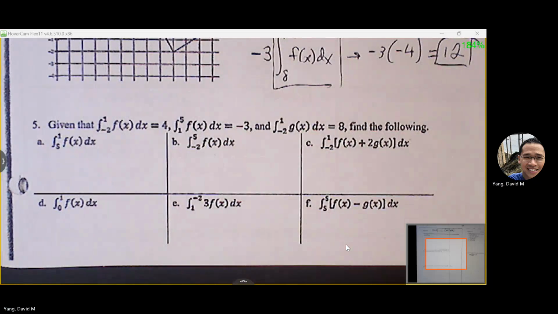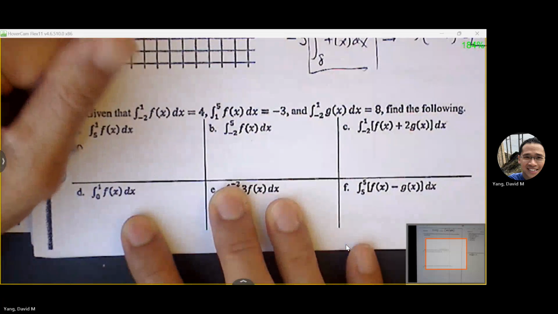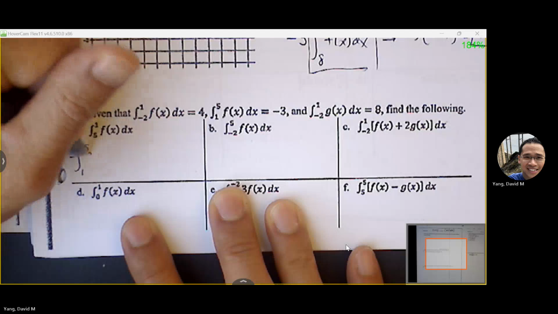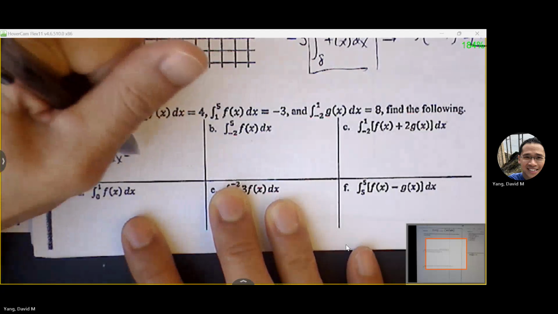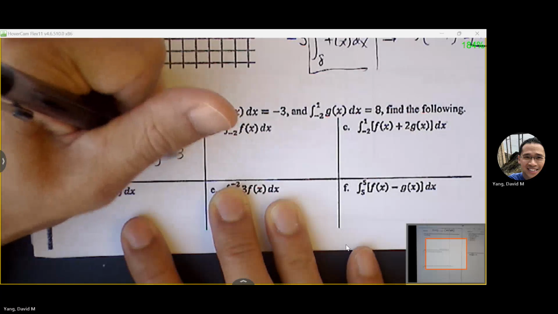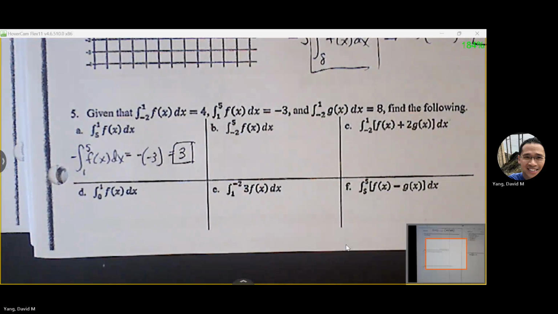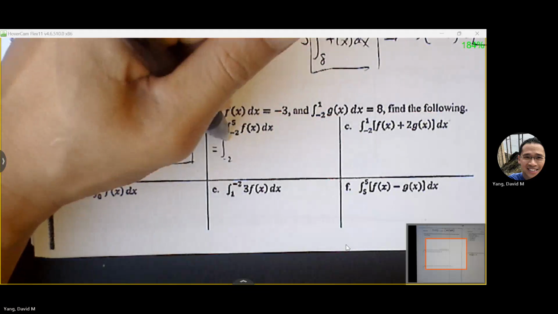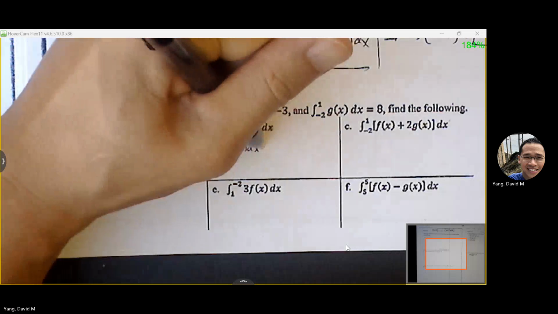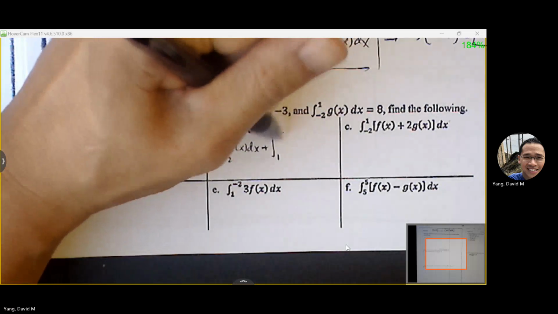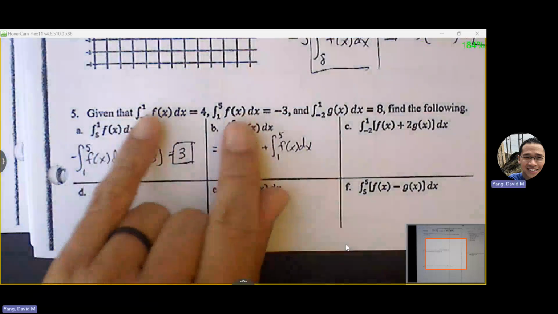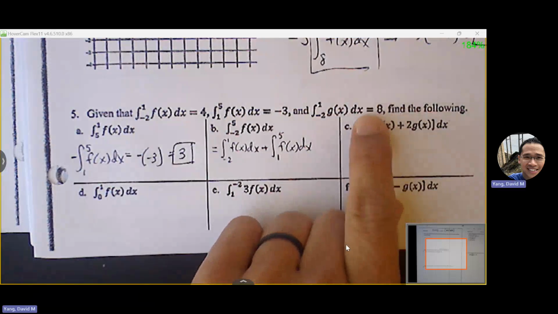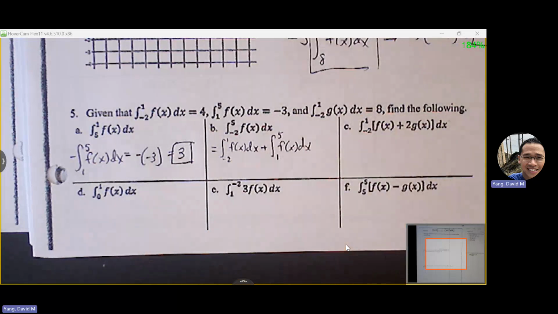So try them and see how far you can get on your own with these. Notice the first 2 are talking about the graph f of x, and the third one is talking about the graph g of x. So they're 2 separate graphs.